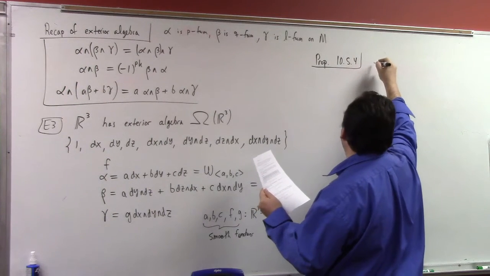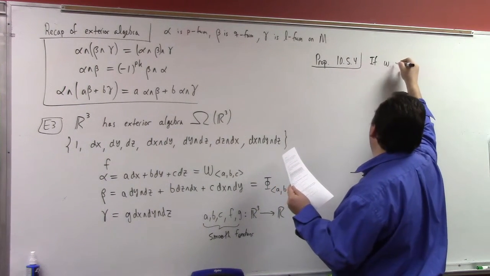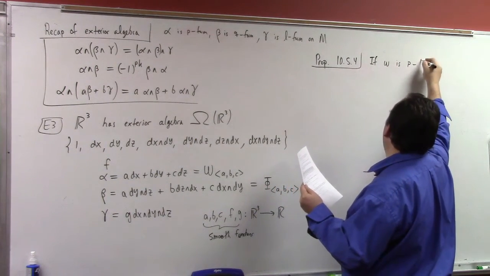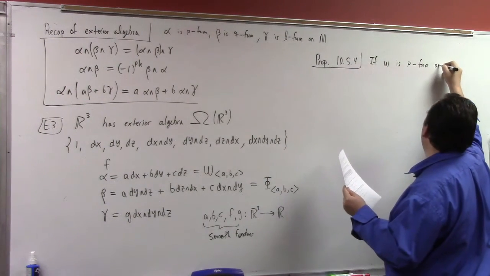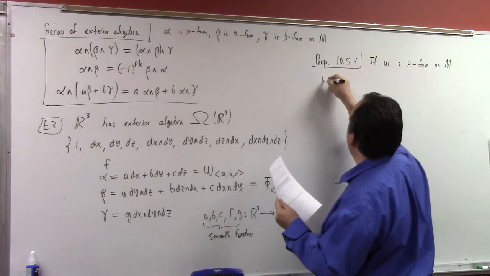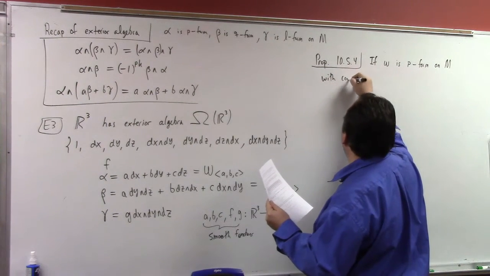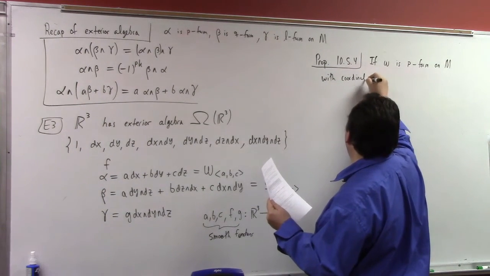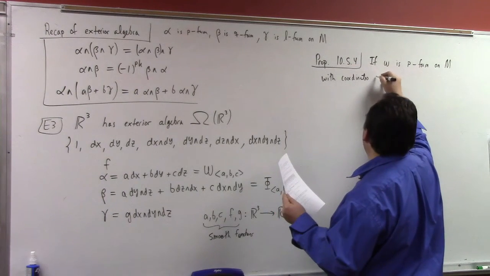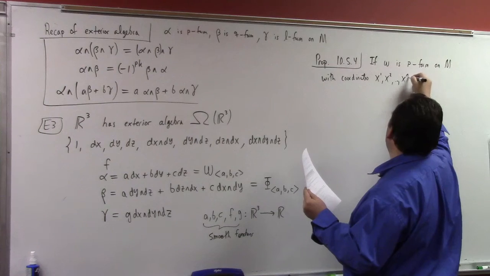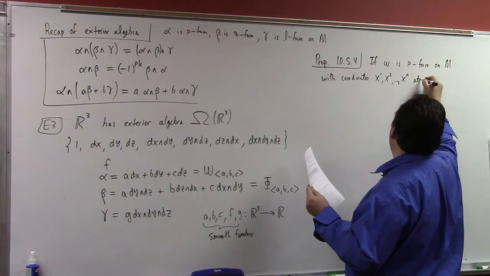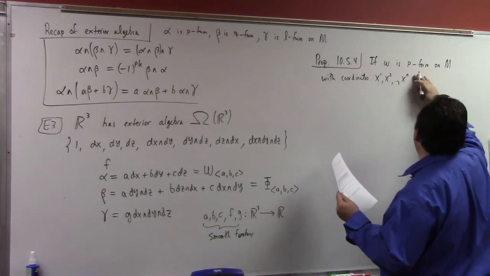So omega is a p-form on M with coordinates x1, x2, through xn on M.